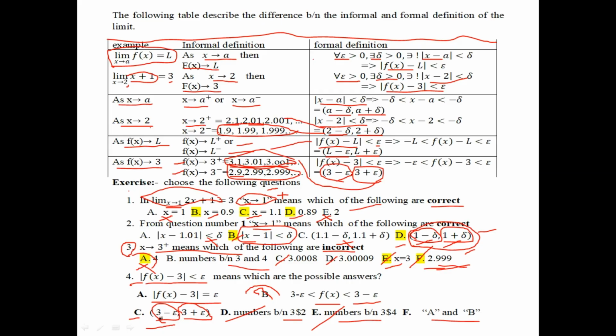Again, 3 minus epsilon and D are the same. Again, 3 plus epsilon is the same as numbers between 3 and 4. Yes, so these are the possible answers.